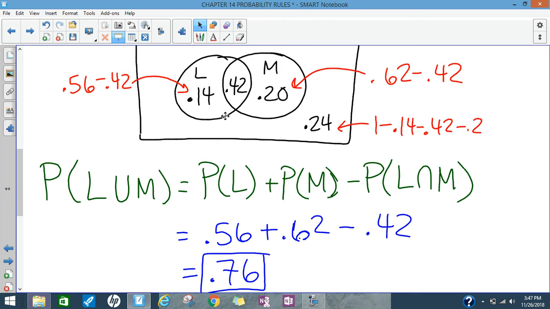And so you could have found that out too by making this Venn diagram and just adding these three pieces together. You'd find out that that adds to 0.76.